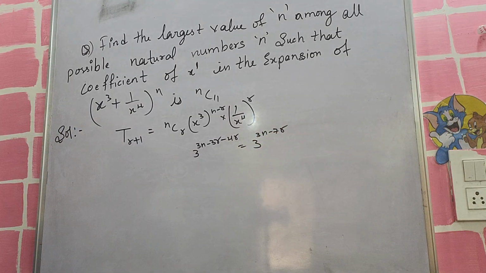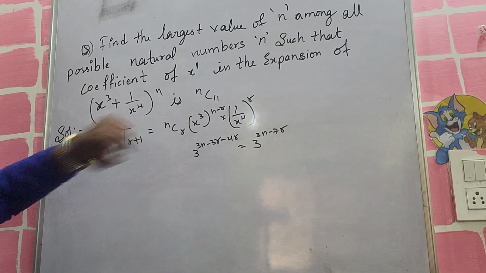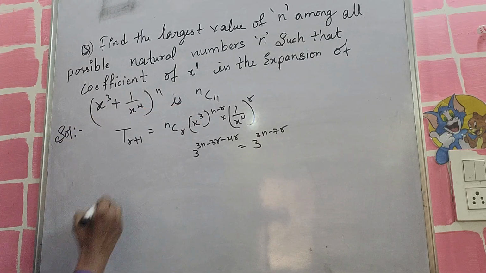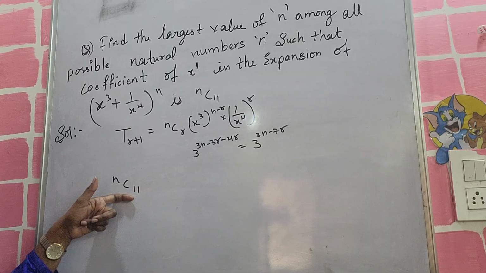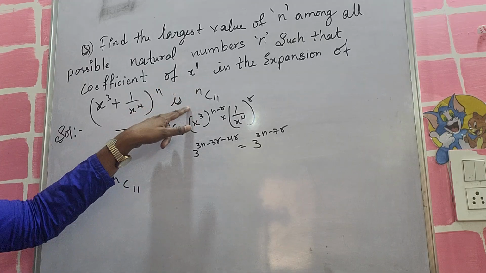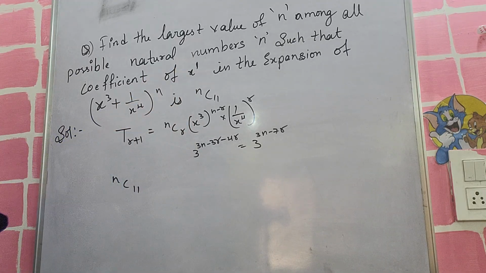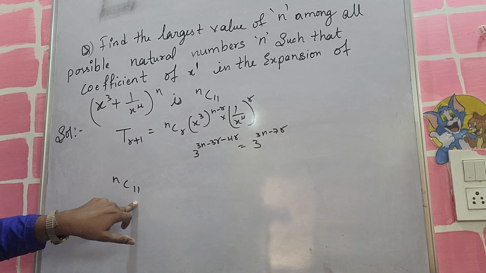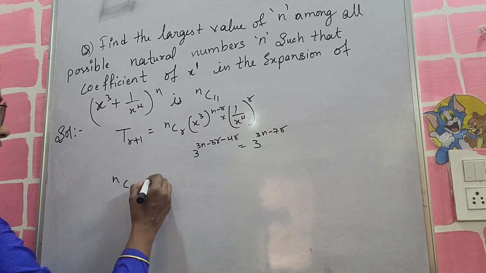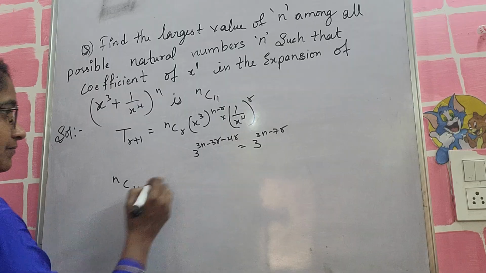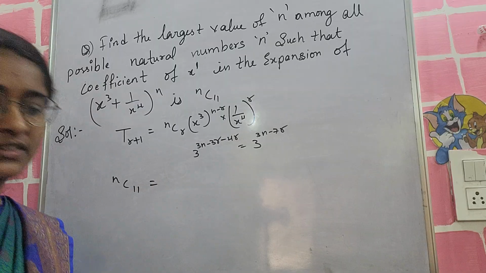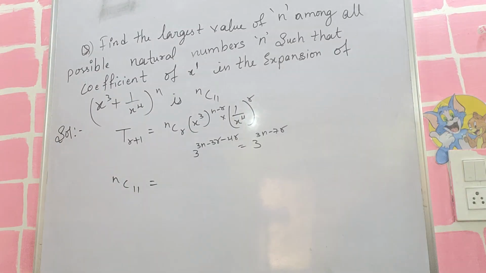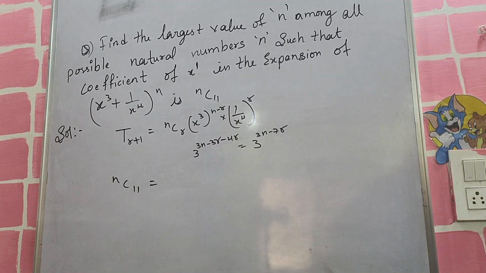Now next I'm going to compare this one. NC11, so r means what? In the expansion, r is 11. So in place of r I'll keep 11 and substitute it.